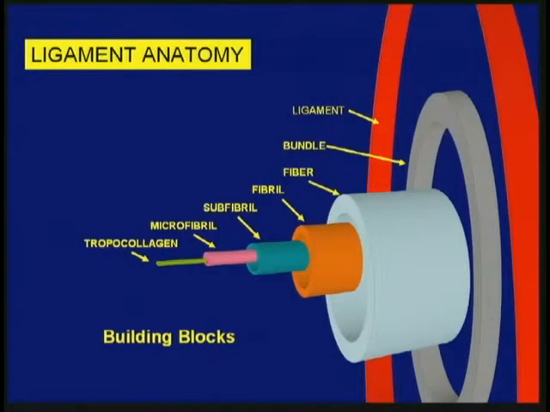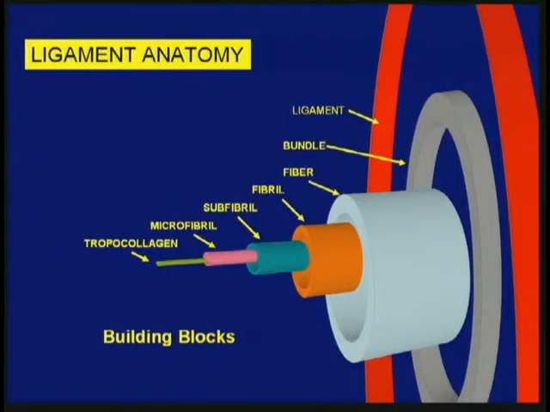As with tendons and many other structures, there are well-recognized building blocks that create ligaments. And this is kind of a representation of the names that are used to describe the building blocks, starting with the very smallest, the tropocollagen, getting into larger and larger groups of collagen fibers, ending up with bundles of collagen here in gray, present within the entire ligament.